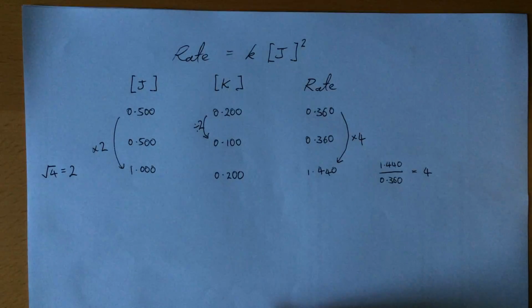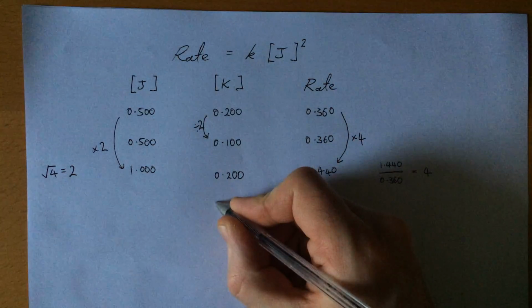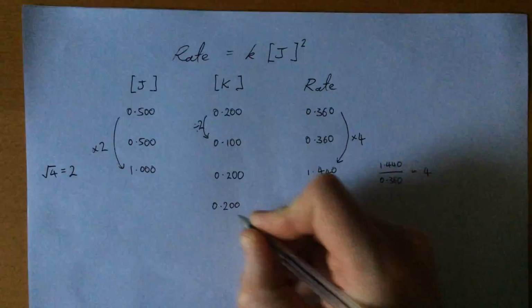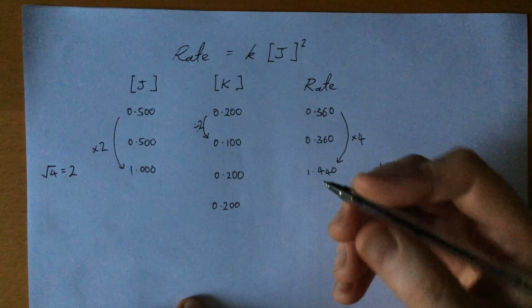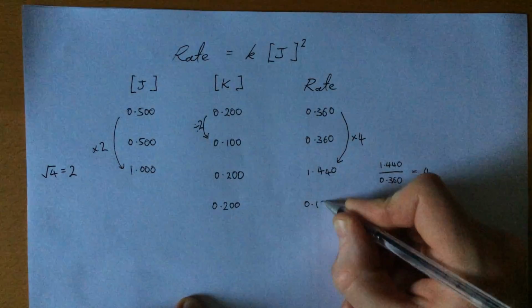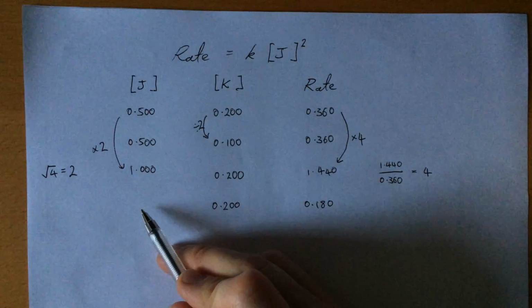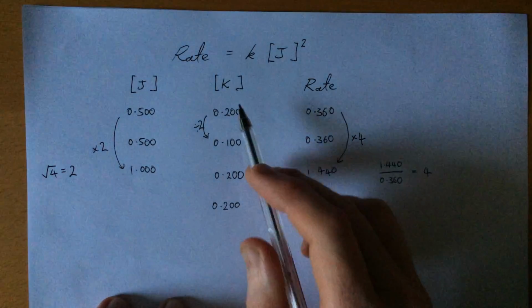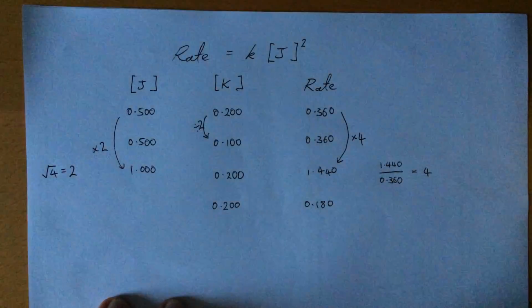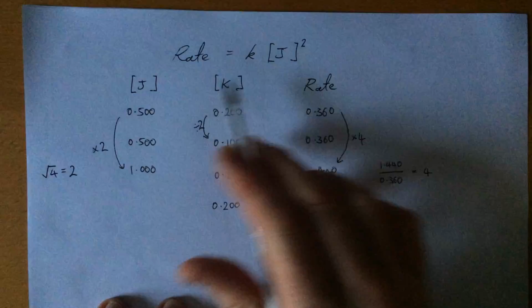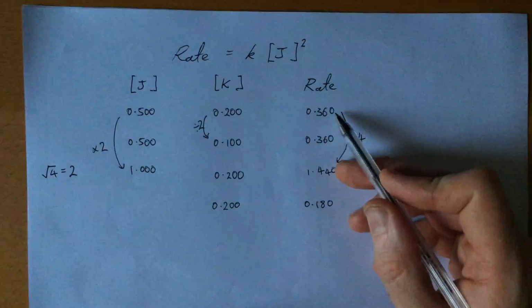We're told that the concentration of K is 0.2, the rate is 0.180. I'm trying to find the concentration of J. Again, the concentration of K doesn't really make any difference because it's not in the rate equation. So how has the rate changed?